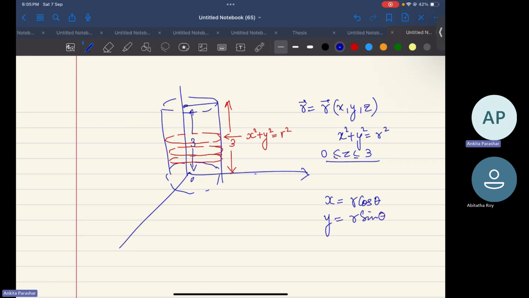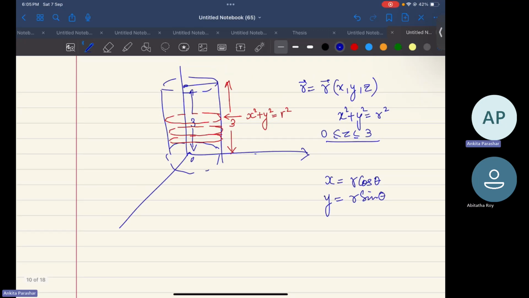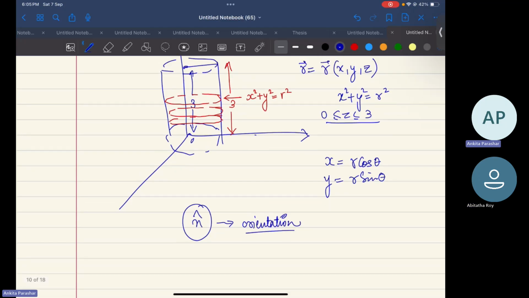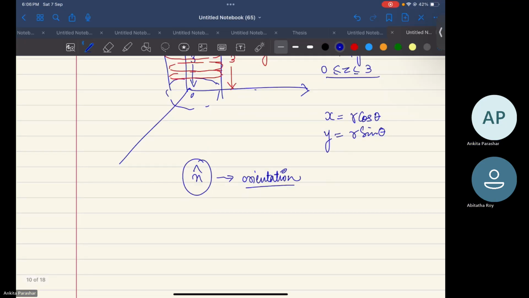Yeah, this is okay, right? And now you know how to find this normal vector. The normal vector actually gives you the orientation. And if you just take the negative of this, it will give you the other orientation. There will be two orientations based on which direction you are following.